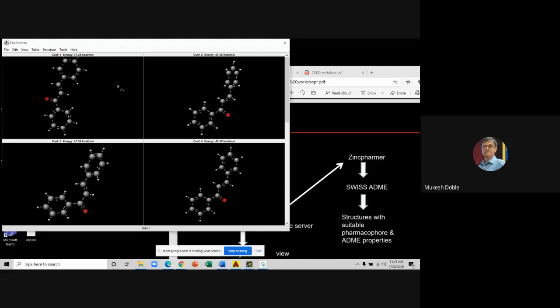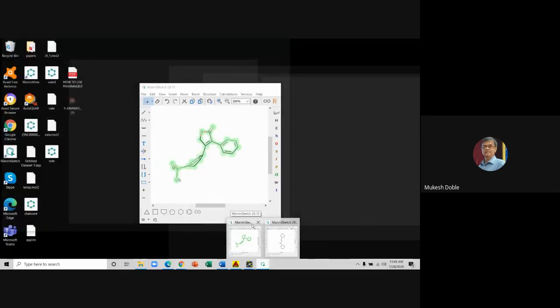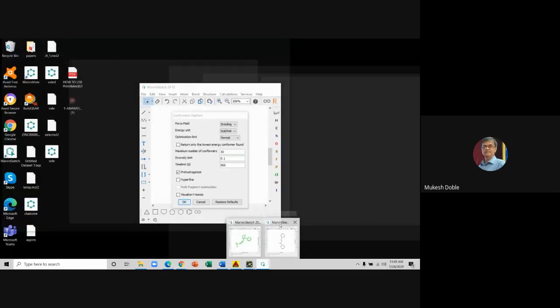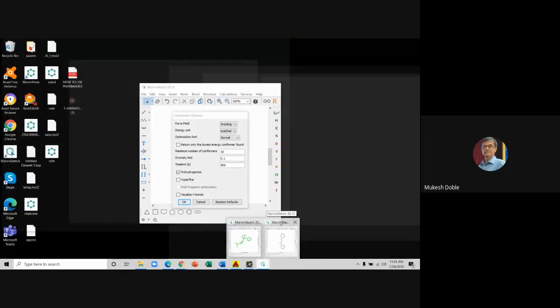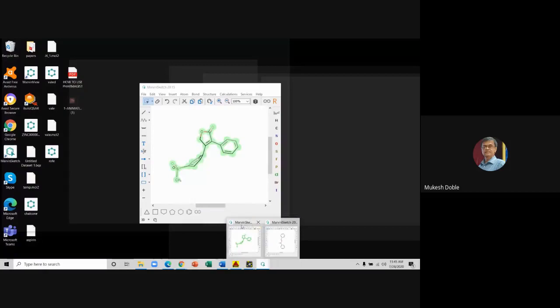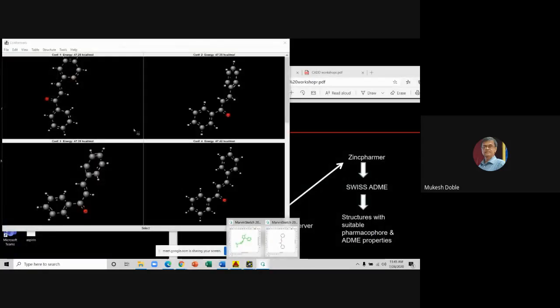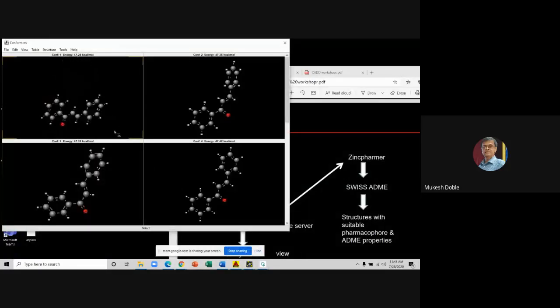So if I have a new structure which is not available in Zinc, this is how I do it. I go to Marvin Sketch, then I draw the structure, and then I do the confirmation calculation, and it will get me the confirmation of the molecule in 3 dimensions.